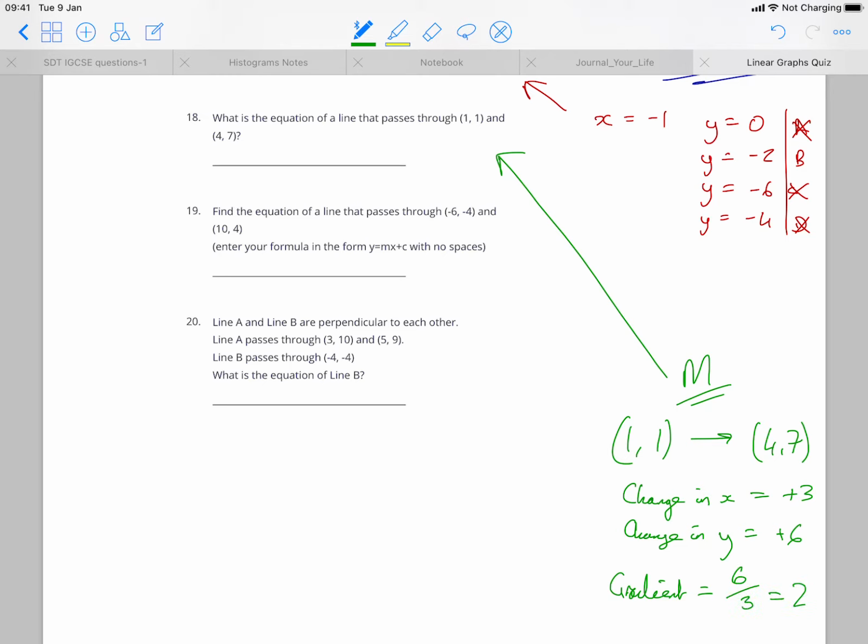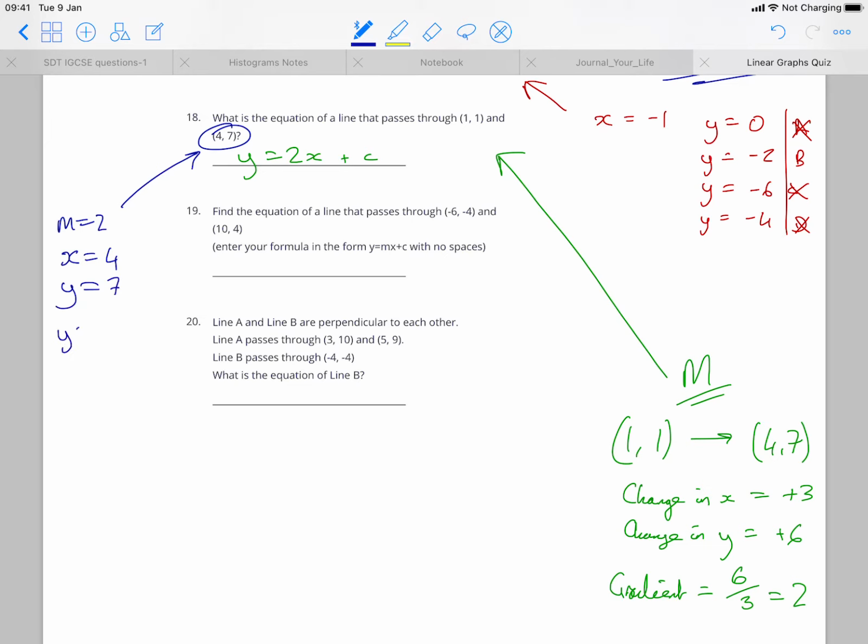The gradient is 2. So we know it's going to be y equals 2x plus or minus something. So we need to figure out the something. Let's do the c next. We know that the gradient is 2, but let's say we pick one of the points, this one here. At that point, x is 4 and y is 7.